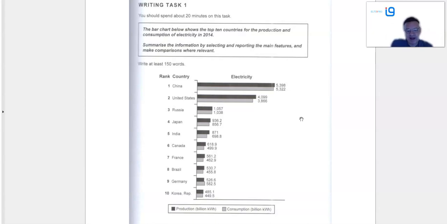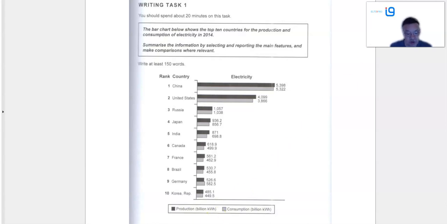And the degree of overproduction is minimal in most cases. There's not a huge disparity. So, 9 out of 10 producing more than they consume. China, United States, the biggest. So the main thing here, I start off by pointing out the rankings.